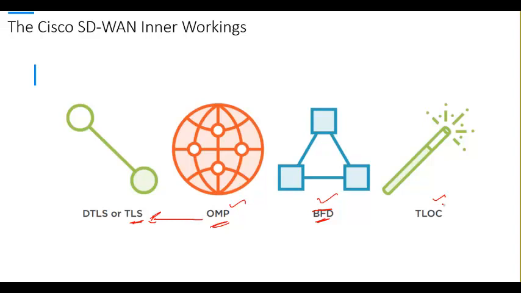So what is this TLOC? I said, you have three paths between the WAN edges, then you have three TLOCs. What exactly is it? We can understand that it identifies the transport. That's one thing.